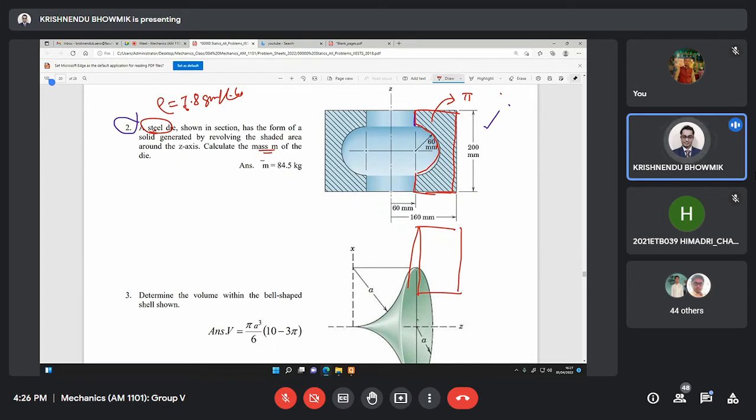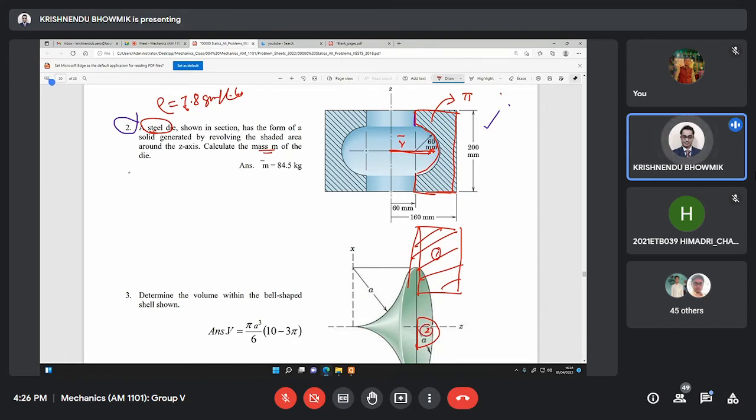The other one is this hollow one. This is a solid and this is a hollow one. To calculate the location of the centroid, maybe centroid is here. So this is r bar. Now section 1, section 2.